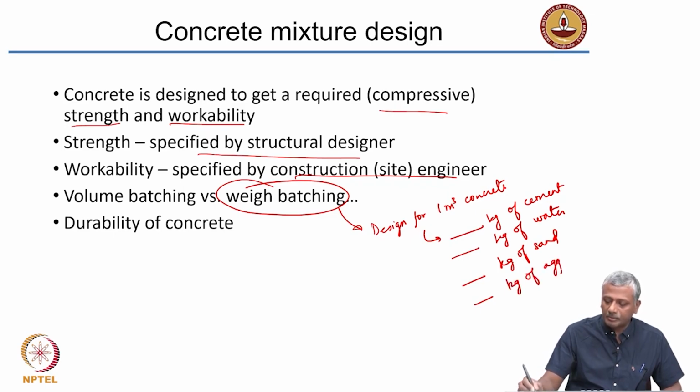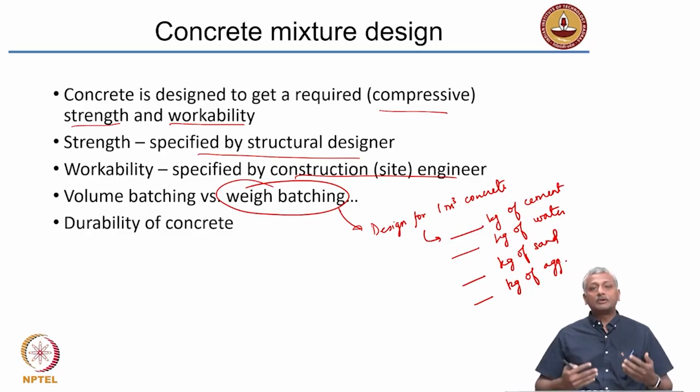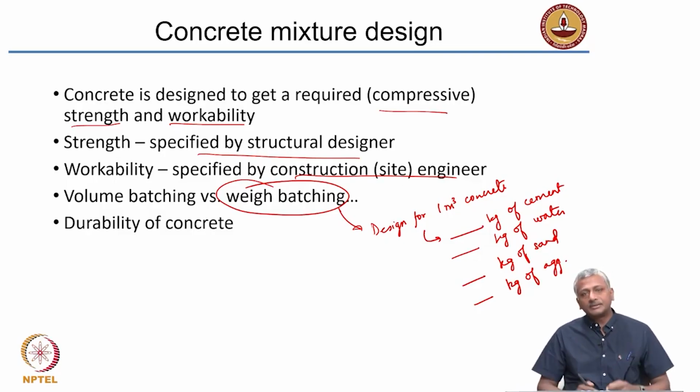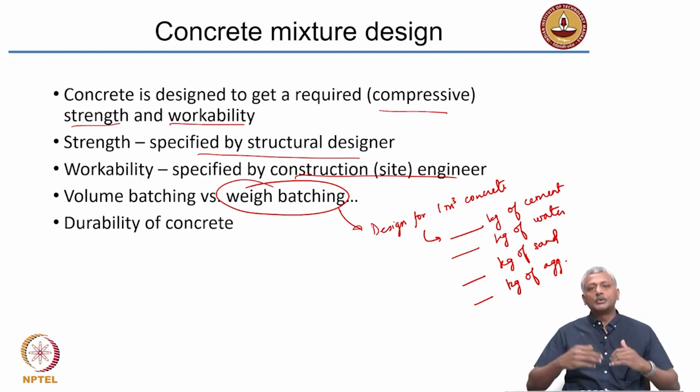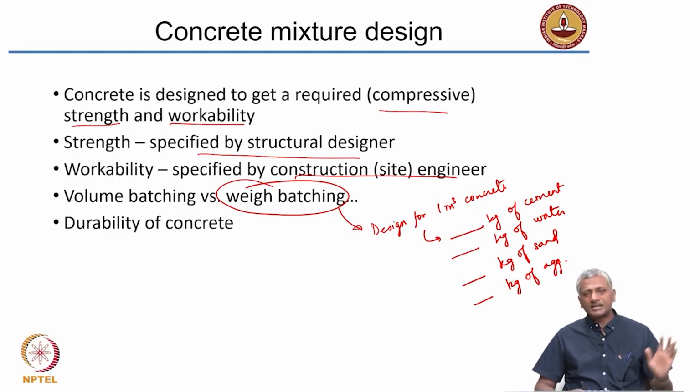And of course, you can also think about kilograms that you need to add per cubic meter of the other additives like chemical and mineral admixtures if you need them. Okay. So, that is what you do typically in weigh batching, that you design for 1 cubic meter of concrete, but of course, depending upon the capacity of your mixer, you may want to reduce the quantity to let us say 0.5 cubic meter or 0.3 cubic meter. There are certain well defined sizes of concrete mixers available. In most cases, you need to then design appropriately for the amount of material that can be mixed in that mixer satisfactorily. Okay. So, that is called weigh batching.